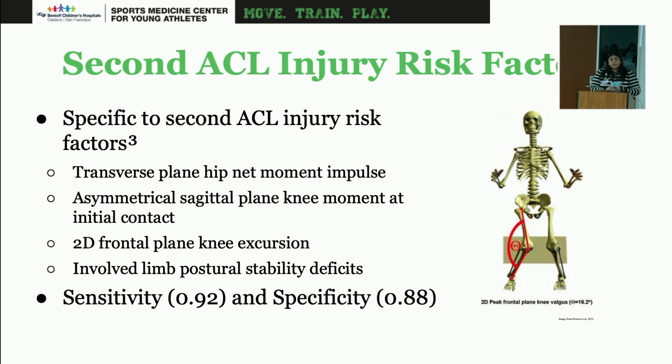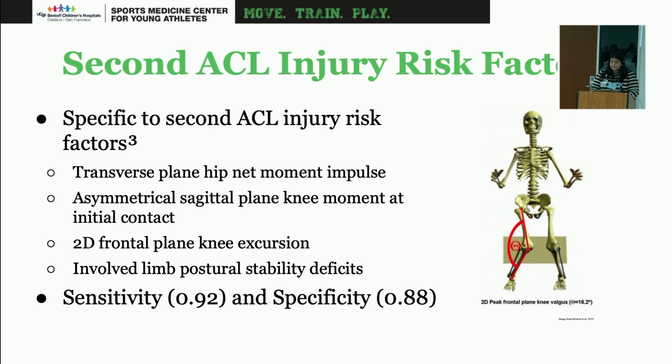We're assessing their mechanics with certain change of direction drills, specifically cutting, lateral shuffle, all that. This is, I know, specific to drop jump, but still something we can keep in the back of our head, to be able to look at the other side and help identify that, just based off of the statistics that we've been noting in terms of the rate of second ACL injuries. So that's one of the big ones that they had noted.